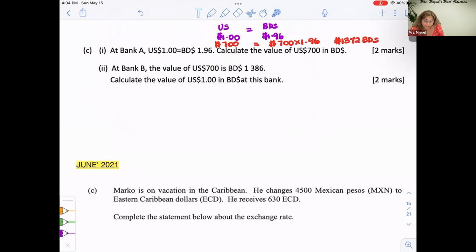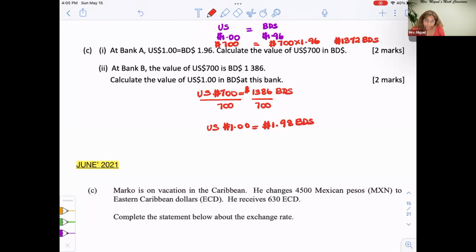Yes, miss. US 700 is equal to 1386 Barbados dollar. So to find for 1 US, we divide by 700. So US $1 is equal to 1386 divided by 700. It is equal to 1.98 Barbados dollars.